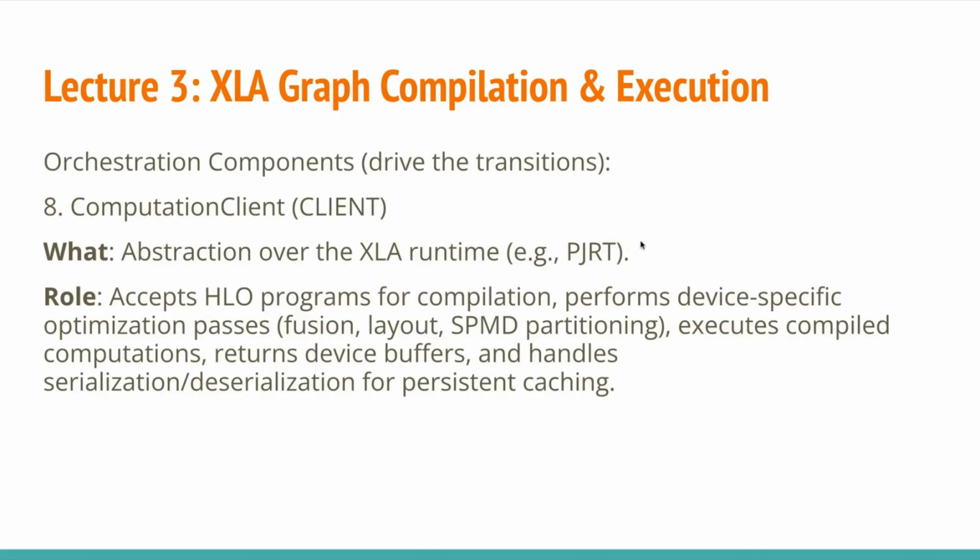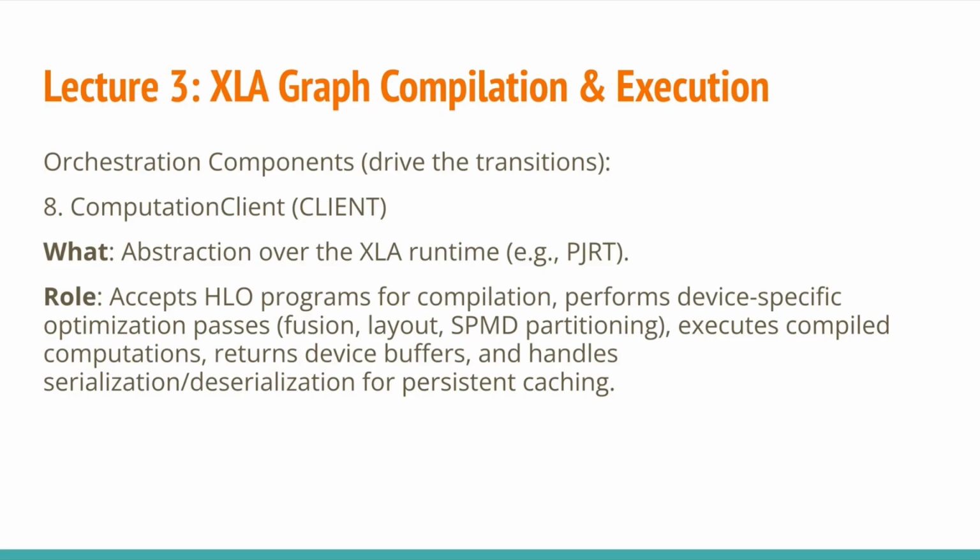Next, we have the computation client. It's an abstraction over the XLA runtime. Please don't confuse XLA with PyTorch XLA. XLA is another package that is dedicated to transforming and optimizing your computation graph. PyTorch XLA is actually a bridge between PyTorch and the XLA package.